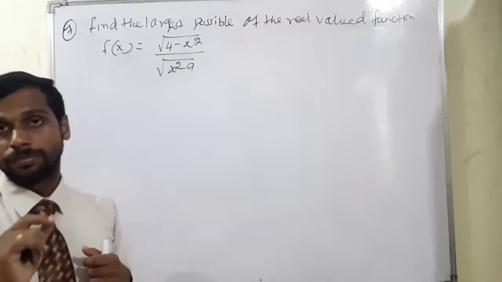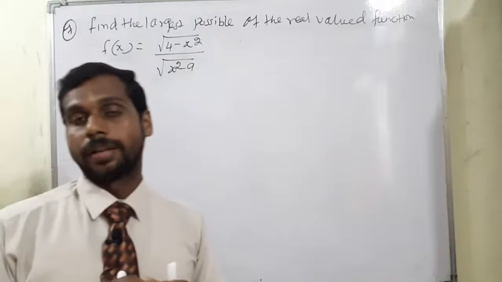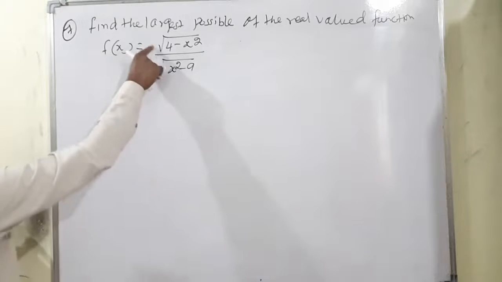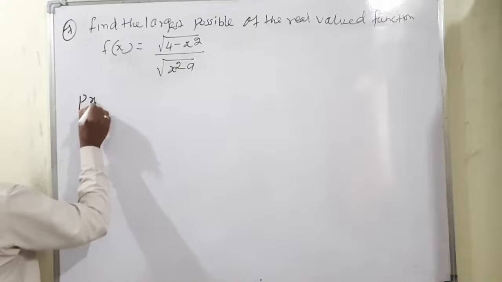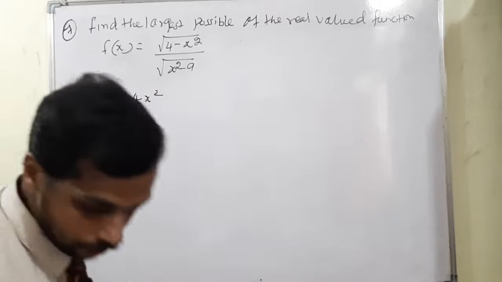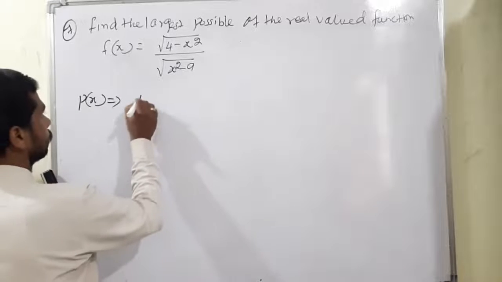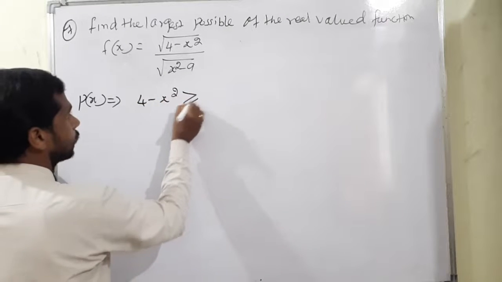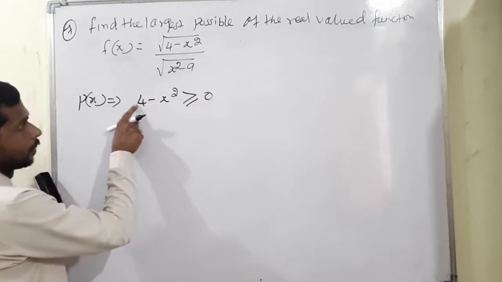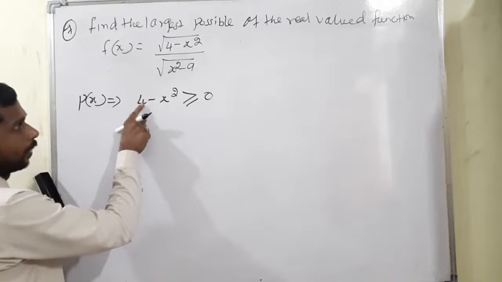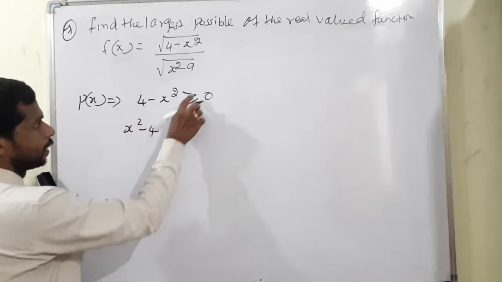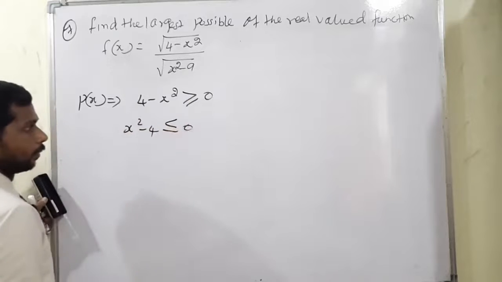Otherwise, if the value inside a square root is negative, definitely it is not a real value, only imaginary. So I will consider the numerator as p of x: 4 minus x square is greater than or equal to 0. Now x square has a minus sign, so x square minus 4 gives the inequality symbol less than or equal to 0.